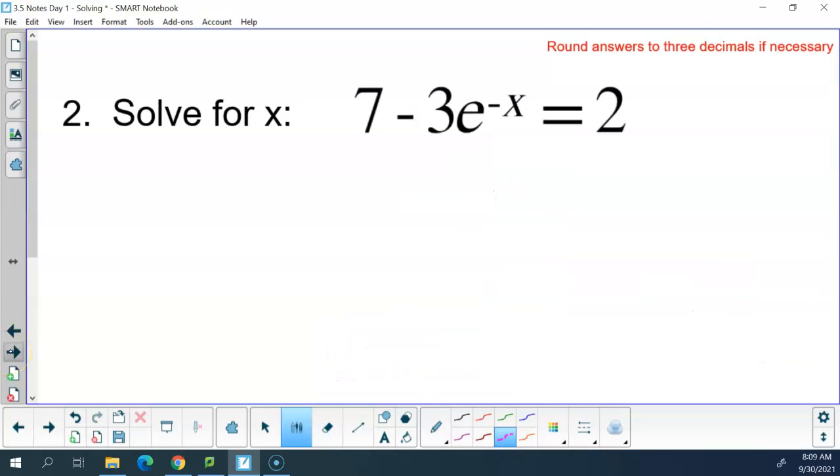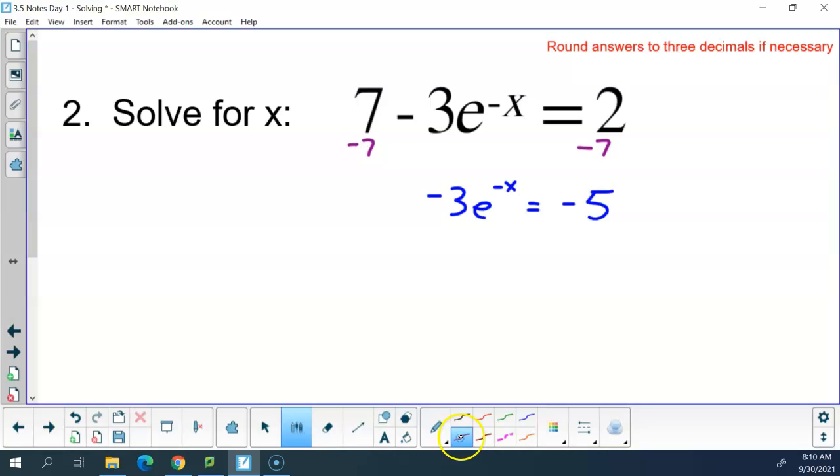Actually, let's try this one together because it's a different thing. What would you do first? Subtract 7. Do we all agree with subtracting 7? Okay. Now what? Divide both sides by -3.